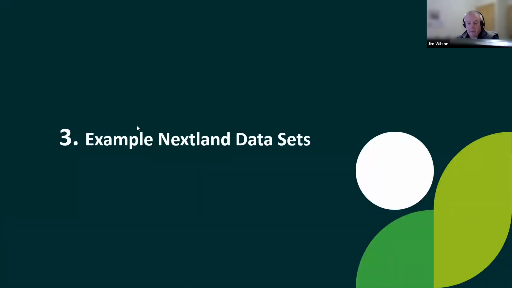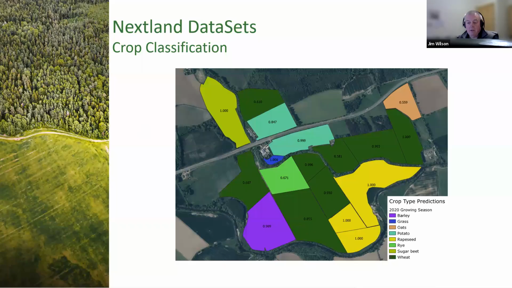So what NextLand data sets do we use? Well, one of the key things is that we've got to know what crop is in which field in which year. Those of you who deal with agronomy and agronomy companies, and indeed farmers, know how difficult it is to get reliable information cheaply and quickly from farmers.